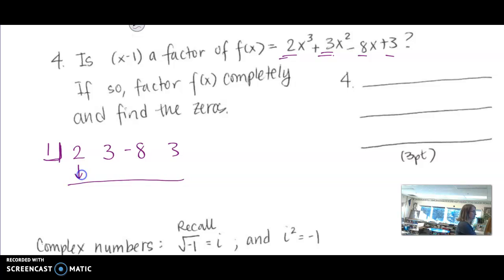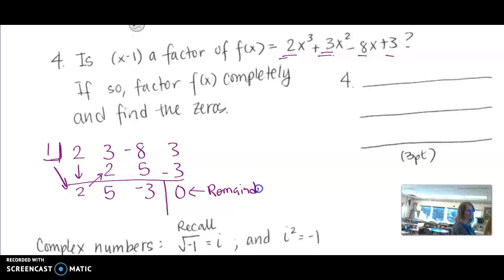So we bring down our 2, we multiply 2 times 1 and put the result over here, and then we add. So then we keep going through that process. 1 times 5 is 5, -8 plus 5 is -3, 1 times -3 is -3, and we get 0, and this is our remainder.